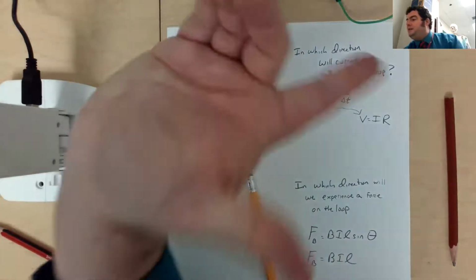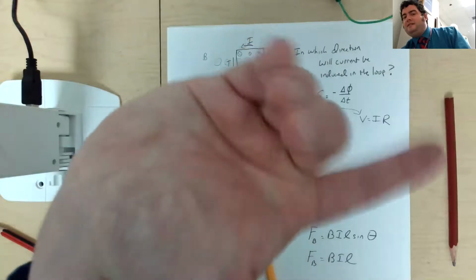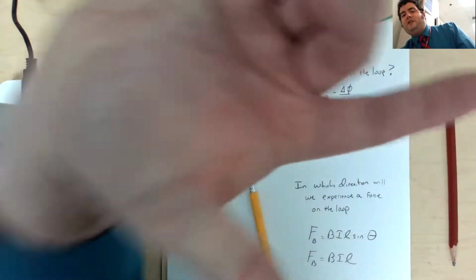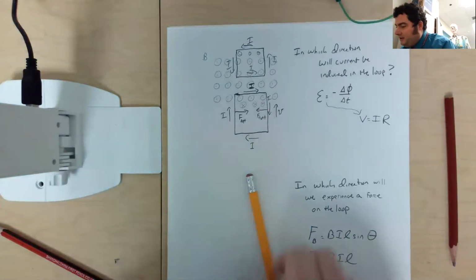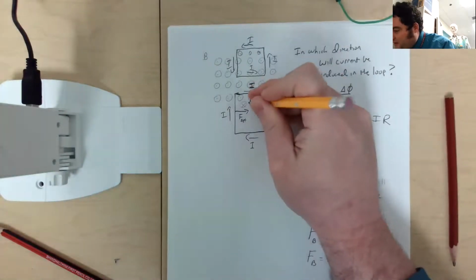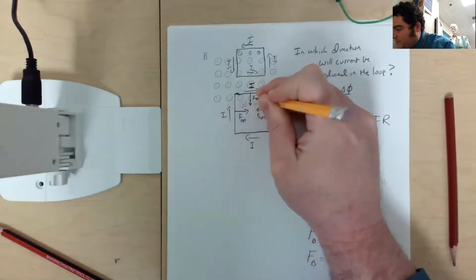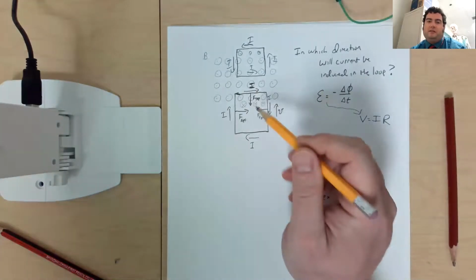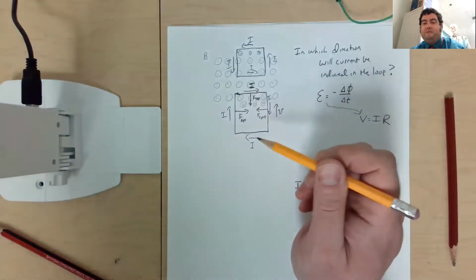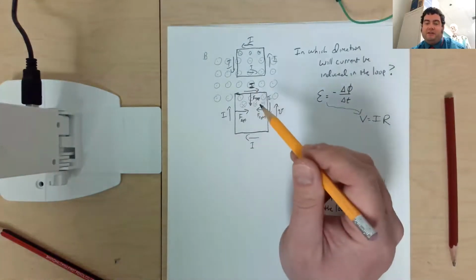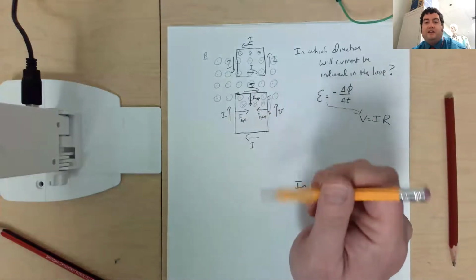So velocity in the direction of field, you can see how the right-hand rule is awkward. I'm getting a force in that direction. So basically, I'm going to get a force that's opposing my velocity. If I'm not dragging this through here, I'm going to have an acceleration to slow this down.